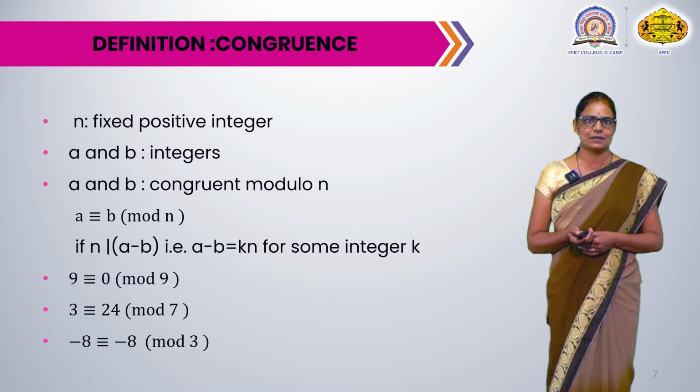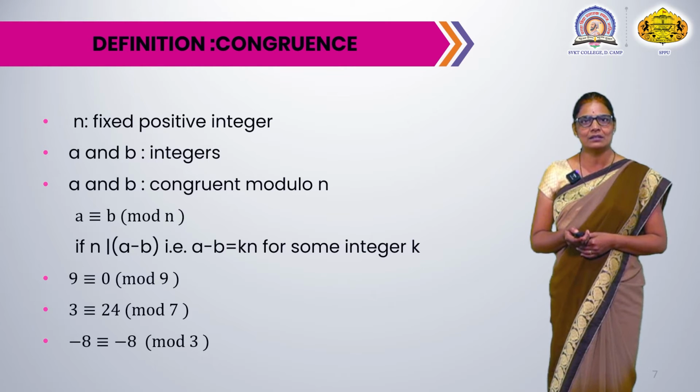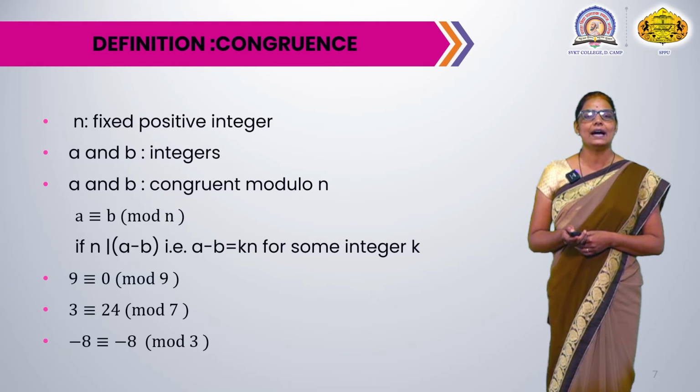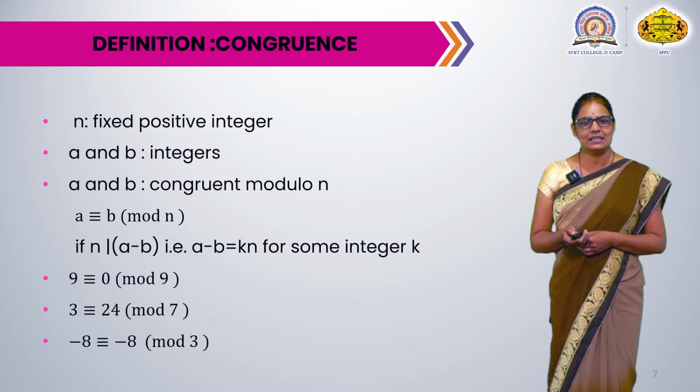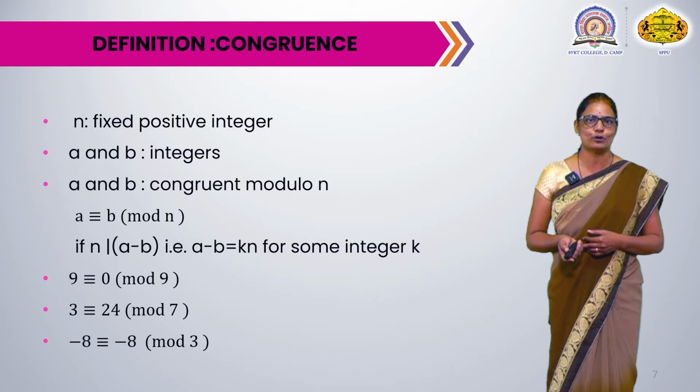This is another example. Minus 8 is congruent to minus 8 modulo 3. The reason is the same here. The difference of these two integers minus 8 is 0, and 0 is divisible by any integer. So 0 is divisible by 3 also, and that's why minus 8 is congruent to minus 8 modulo 3.